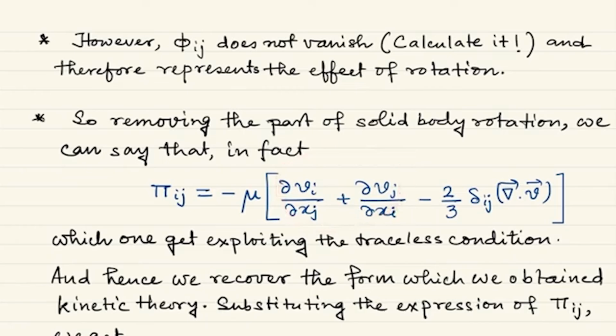Okay, but now we should not forget that there is another condition, that pi ij should be a traceless tensor. So pi ii, summation over i, should be 0, and if we consider that, we can show by some calculations that you have already seen when we were deriving the expression for pi ij starting from kinetic theory.